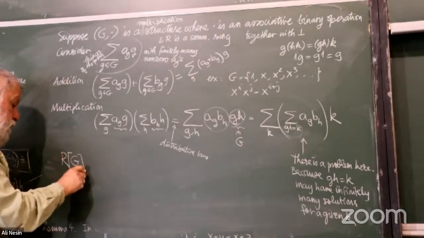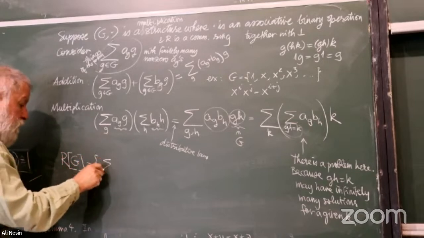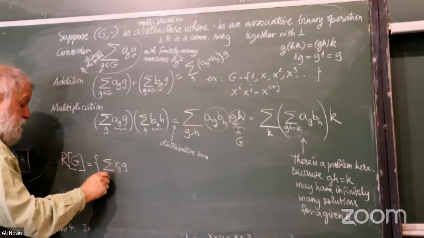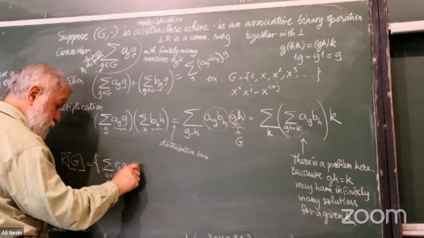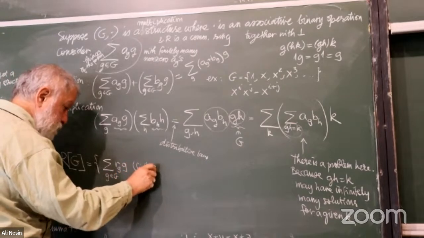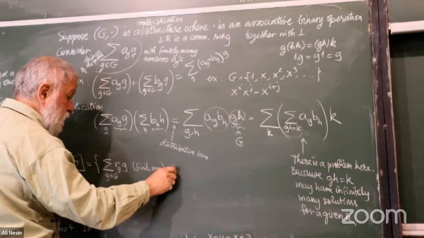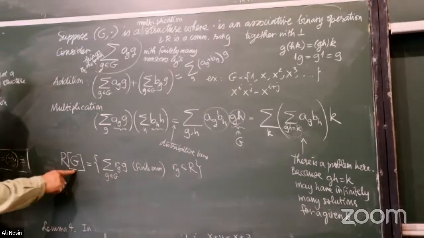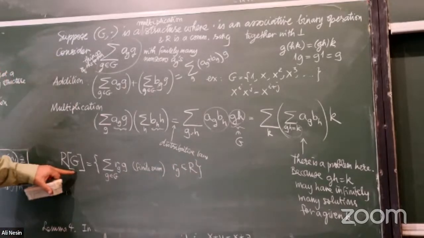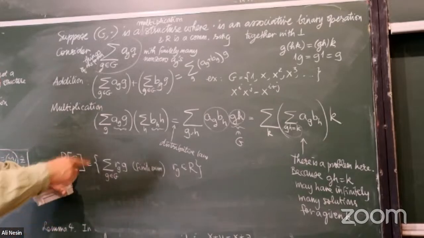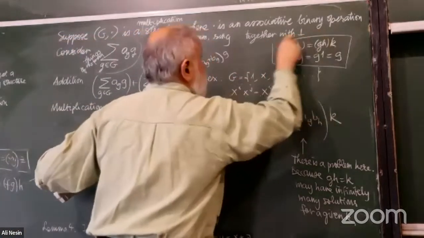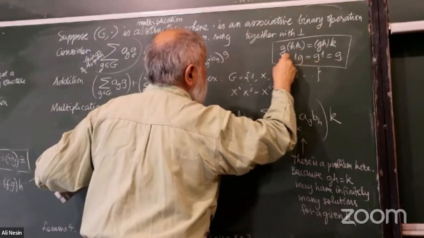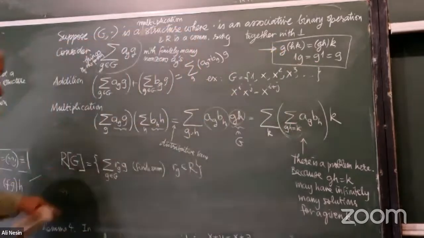This is the set of finite sums of r_g g, where the r_g come from the commutative ring R, and G is only a structure with the identity 1, and the most important property, associativity of the multiplication. Then this is a ring.